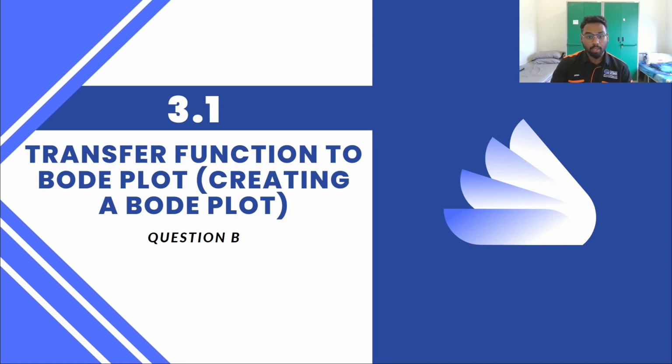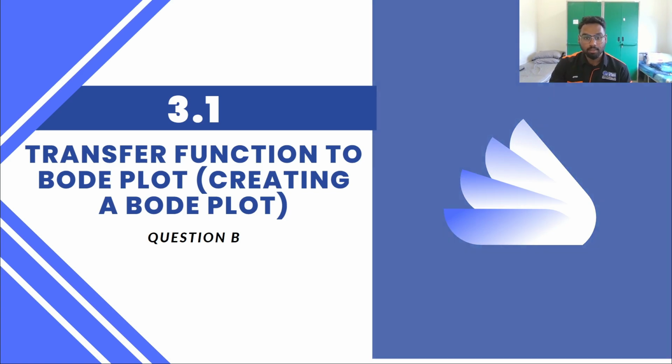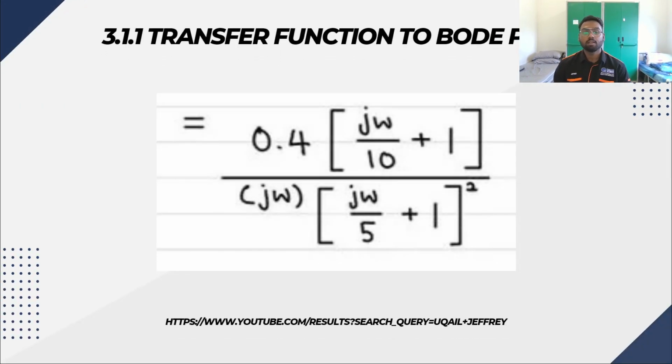So let's take a look at the simplified transfer function. Here it is. We have the gain, which is 0.4, and we have a simple zero, which is jw over 10 plus 1, and the zero value is 10. For the pole part, we have a pole at origin, which is jw, and if you move it outside the equation, it will be 1 over jw, which will have a decrement of 20 dB.